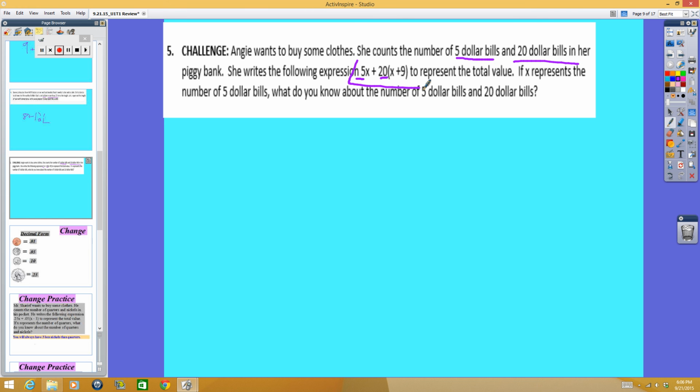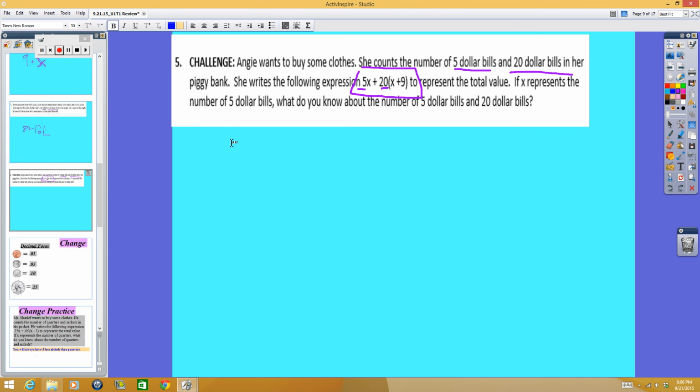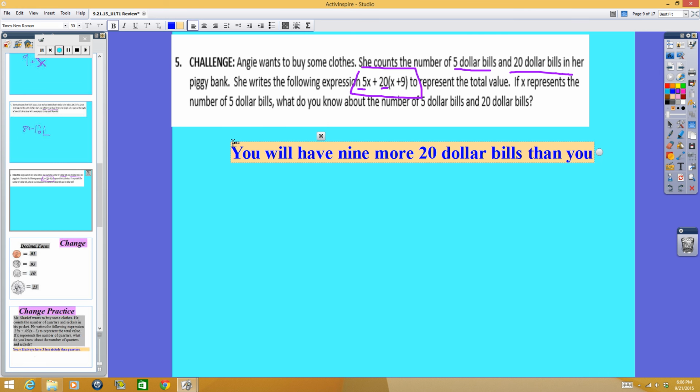So for this scenario, you will have 9 more $20 bills and $5 bills. Hopefully that makes sense.